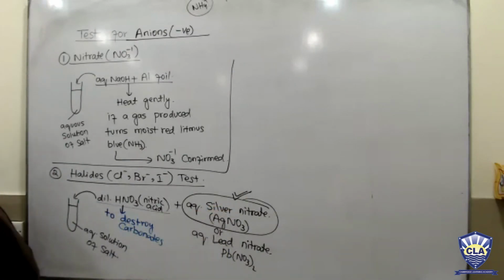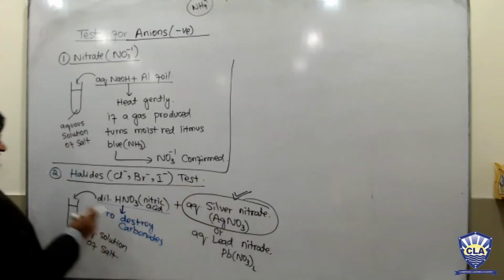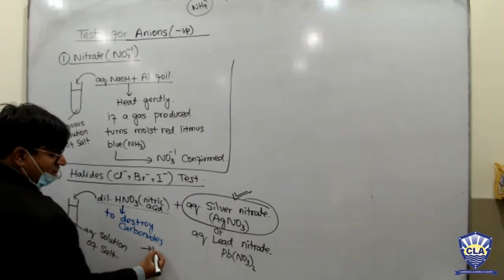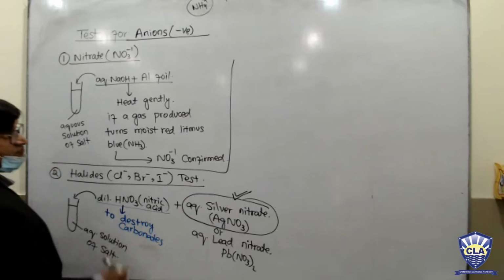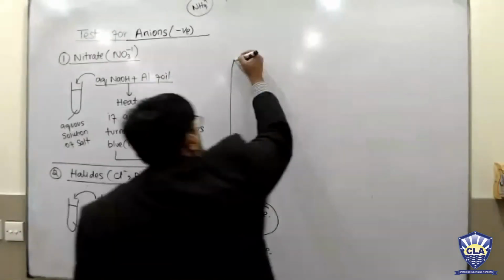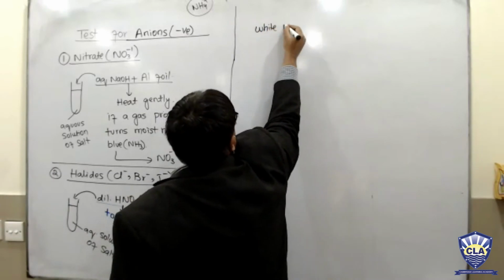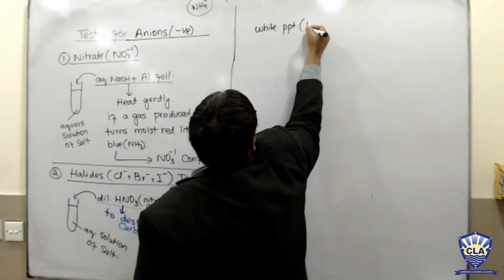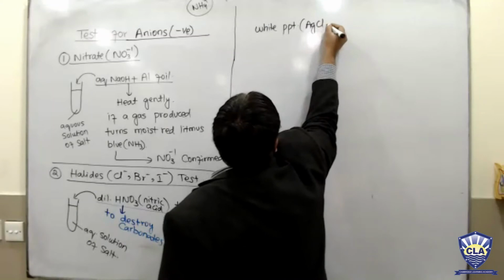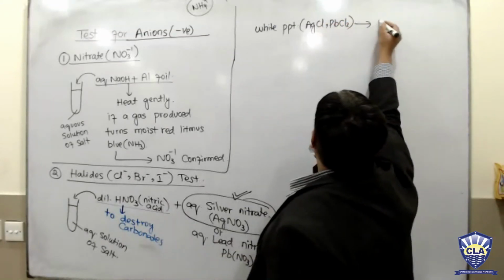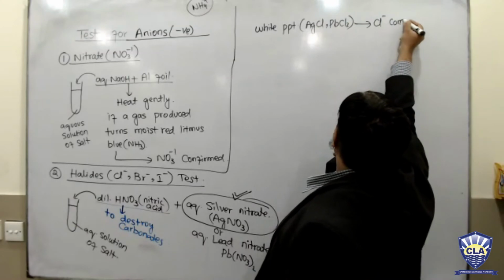If you add the silver nitrate here and a white precipitate is formed, the white precipitate would be AgCl or PbCl2. So chloride is confirmed.